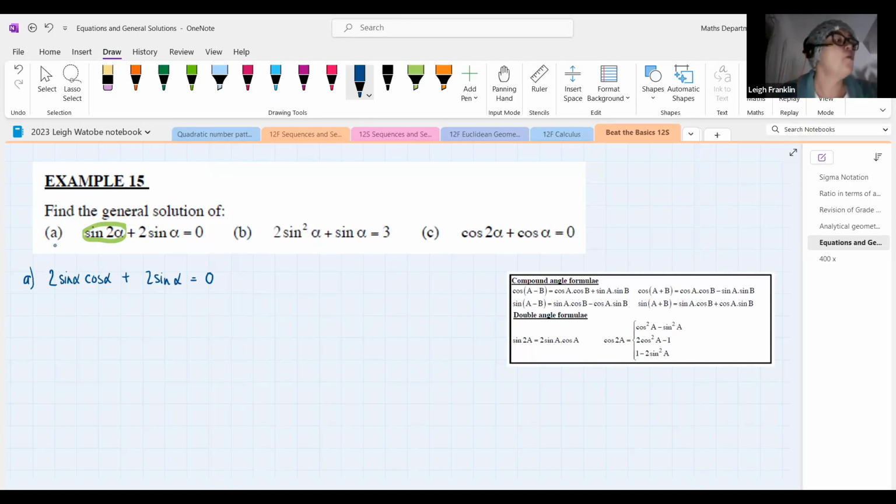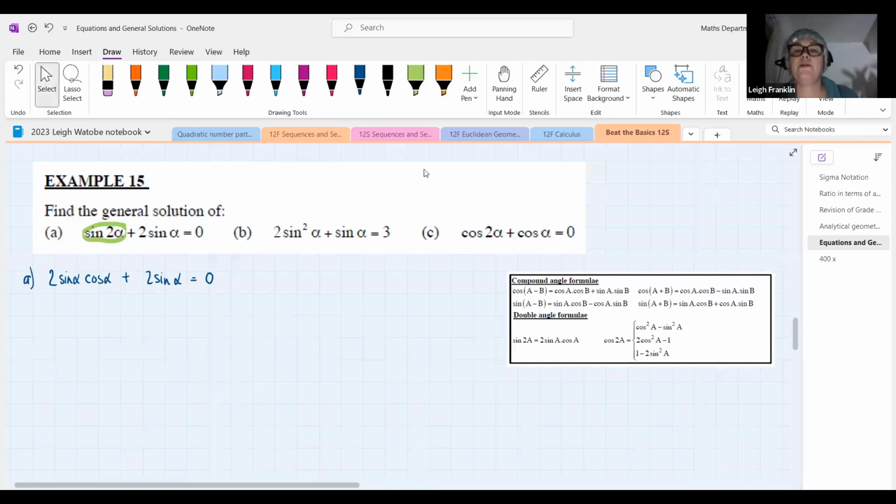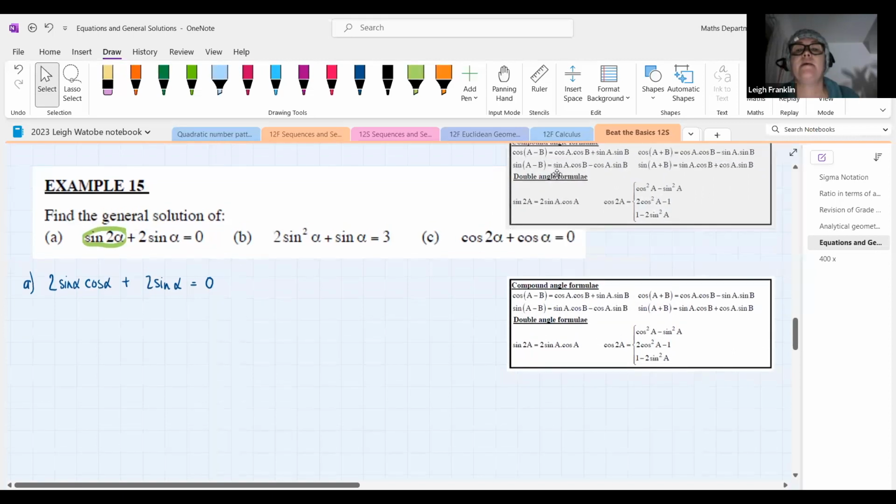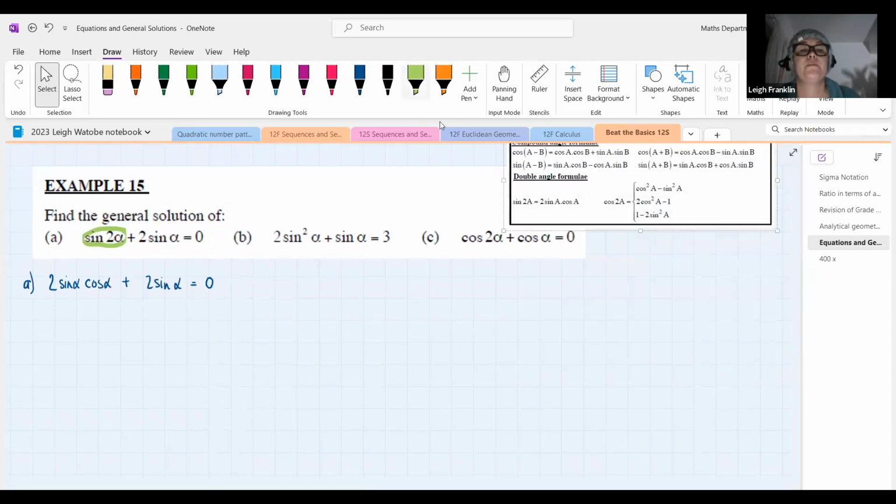So in this case, what would we do? How would we factorize in question 2A? What would we do here, Matrix? Exactly. All right, we would take out a highest common factor.